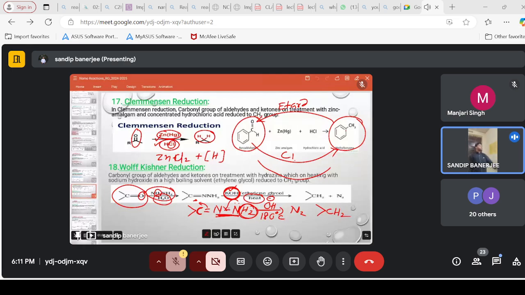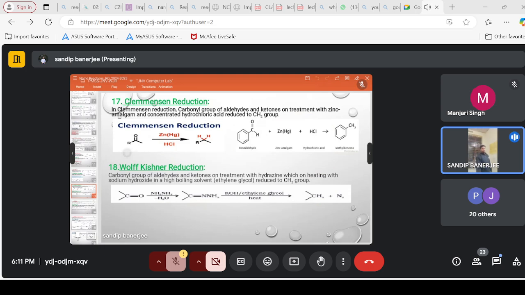So basically, the basic difference between Clemmensen and Wolff-Kishner is the medium. The target is the same: the production of the hydrocarbon from the carbonyl component. Any question, anyone? Any question?